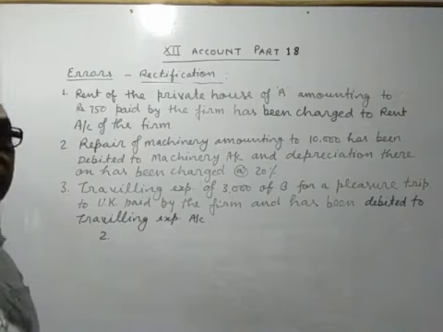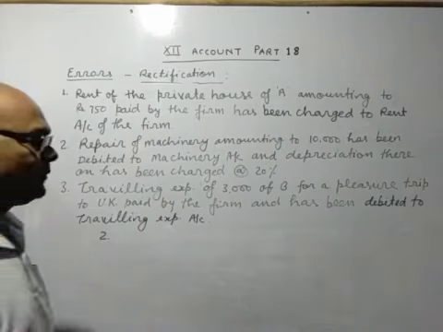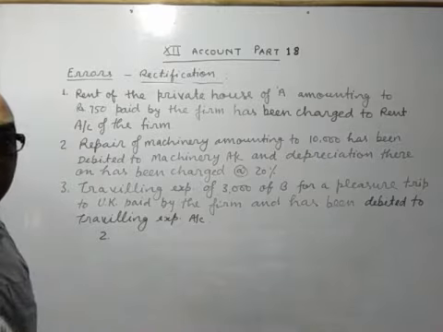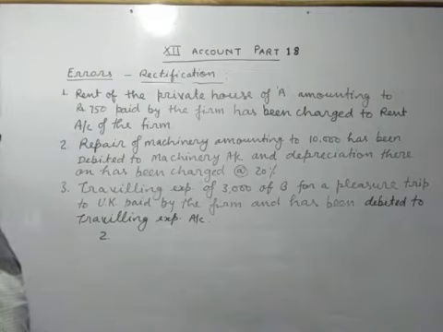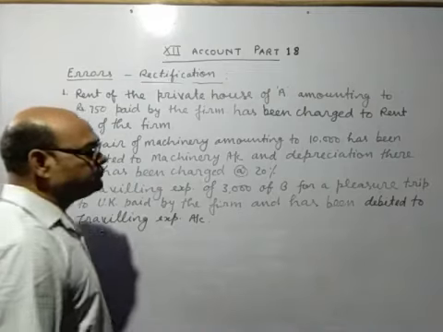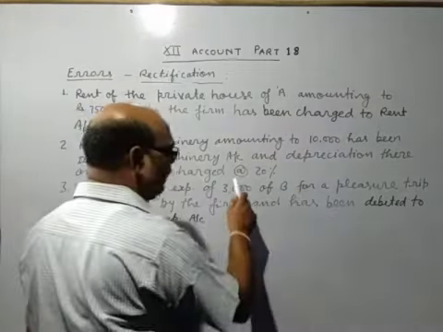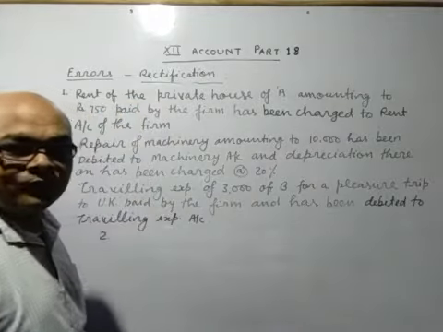So this entry is wrong, and you will reverse it. So P&L will be credited and depreciation will be debited. Now the impact will be 10,000 minus the depreciation amount.